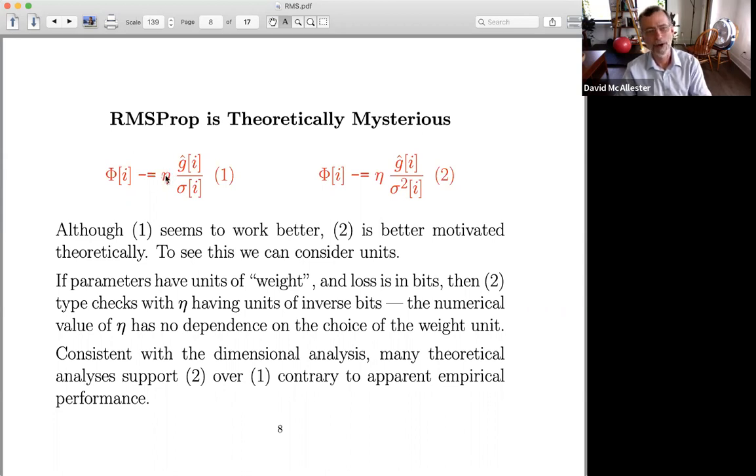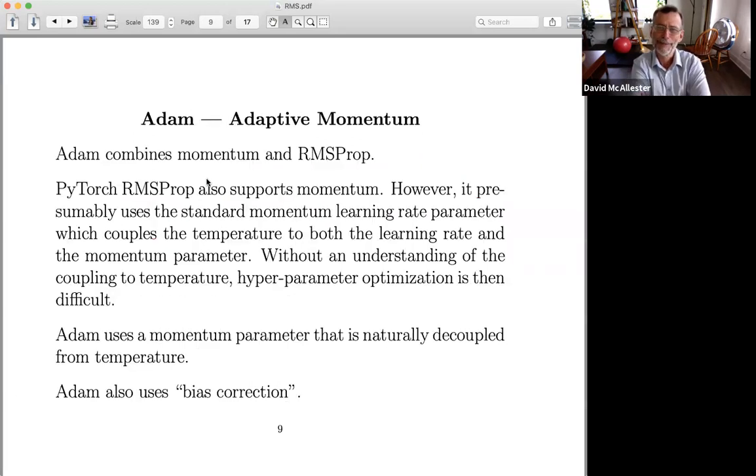Depends on the choice of whatever weight unit you're using for the parameters. So based on just dimension analysis, you can see why any theoretical analysis is going to tend to produce this. The units are correct, or more correct, whereas this thing has problematic units and you just can't get that out of a theorem. But this seems to work better in practice. Part of the mystery of deep learning.